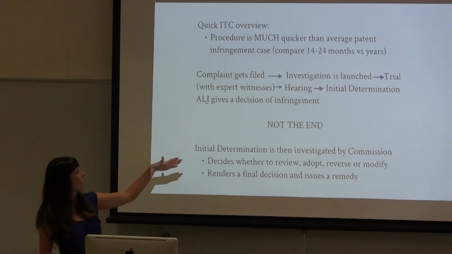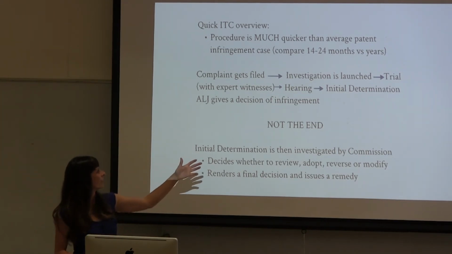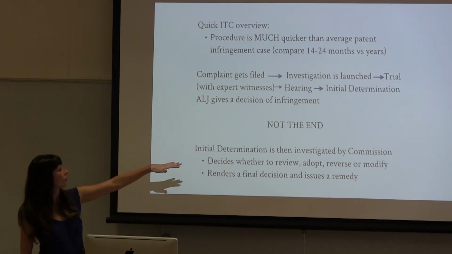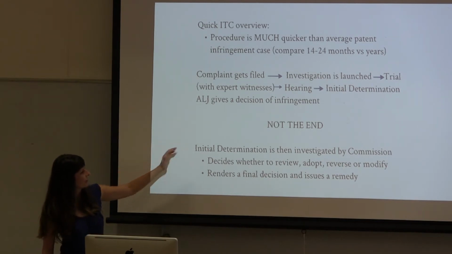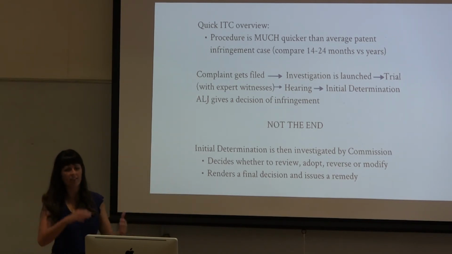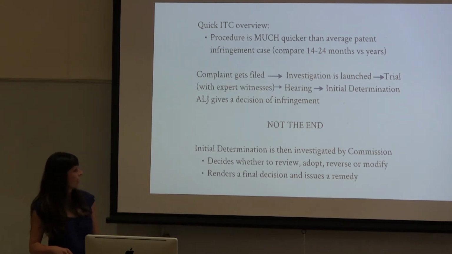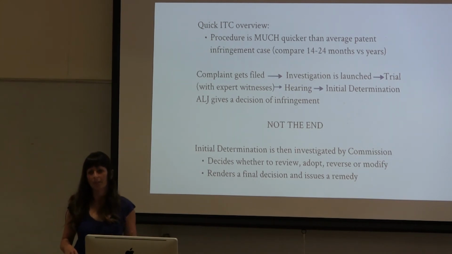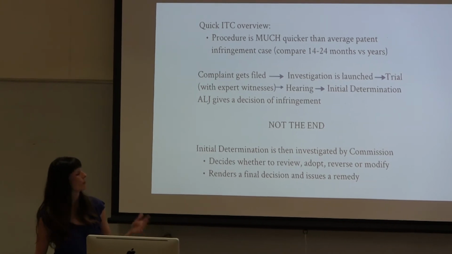Your complaint gets filed, an investigation is launched, there's trial, hearings, and an initial determination. Then this initial determination is investigated again, just as a backup, by the commission. And they decide whether to review, adopt, or reverse, but they'll ultimately render a final decision, which is why it takes 24 months instead of just 14.